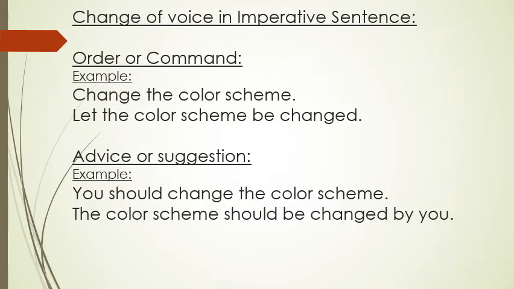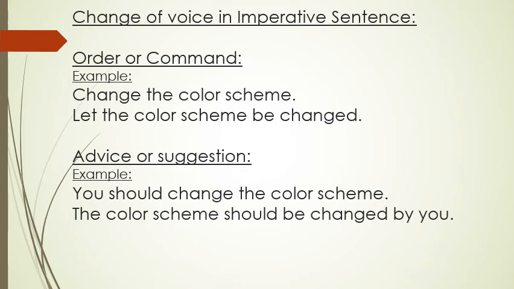Well, as we know that there are different types of sentences, and for these different types of sentences we have different passive formation. Now we have got imperative sentences. The imperative sentences may contain order or command, advice or suggestion, and they may have request as well. For the orders, the example is given, change the color scheme. Now there are two possible passive formations. The first one can be used with let, and it may become, let the color scheme be changed.